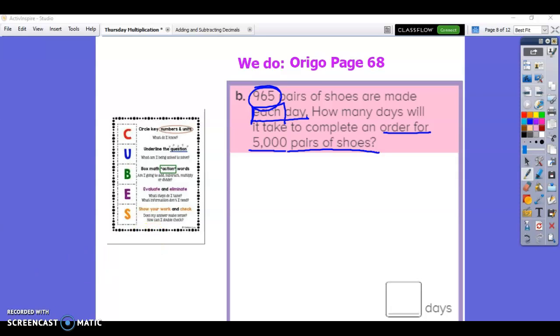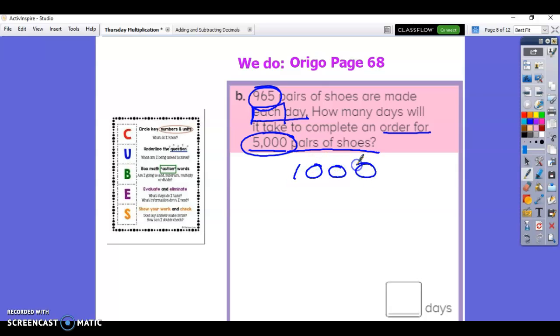Okay, so this one is super duper tricky, and we're looking for a total of 5,000 pairs of shoes. And if we were really good, we would actually do division, but I am going to help you out on this one. So I'm going to think how many days would give me. So 965 is about 1,000.